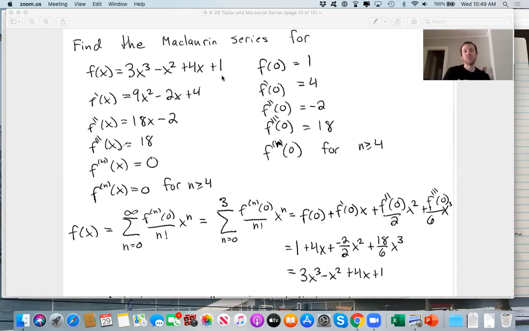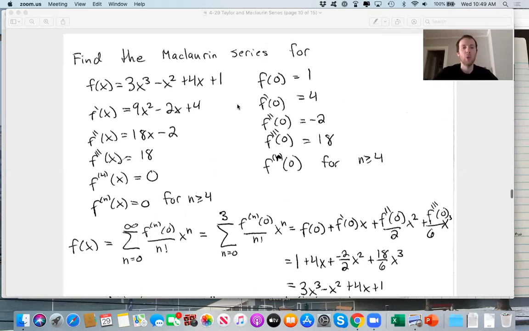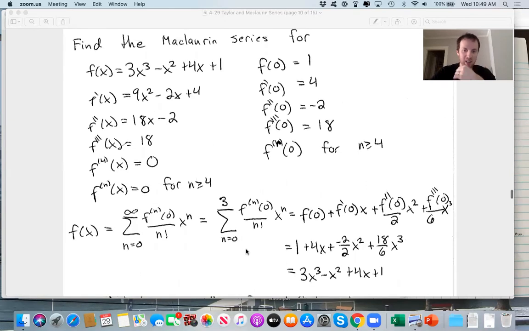This kind of matches with a polynomial being like a power series where all but finitely many terms are 0. So if you apply the formula to a polynomial, you're going to get that polynomial back.